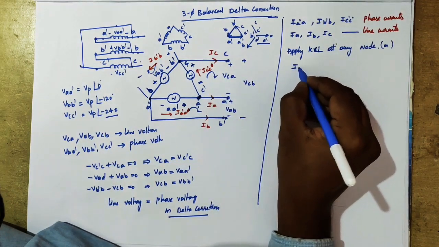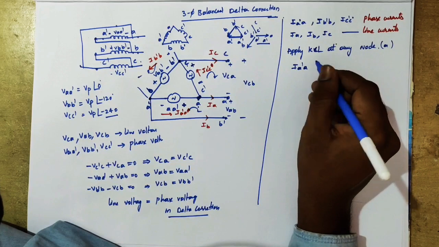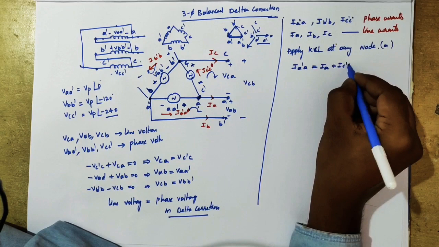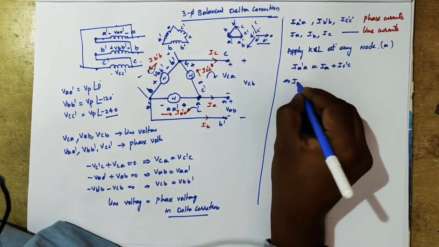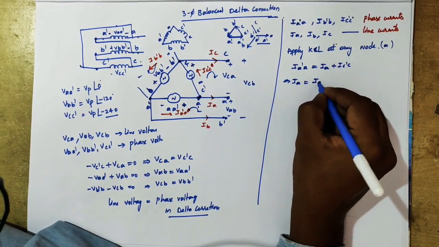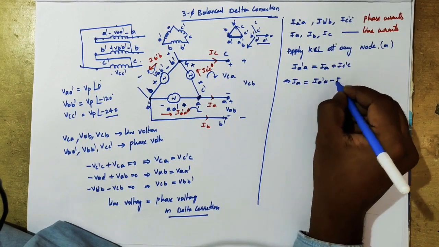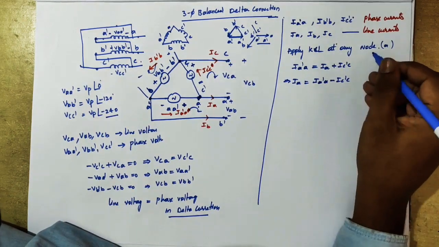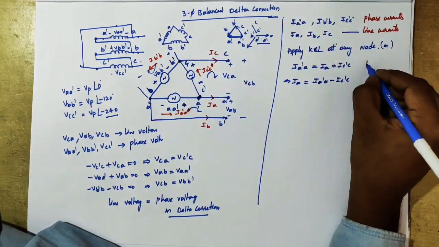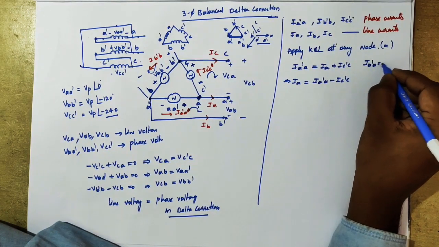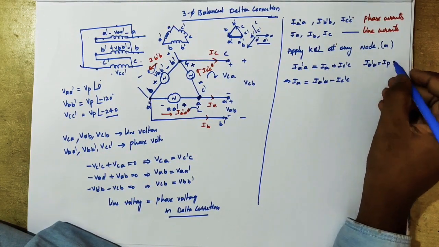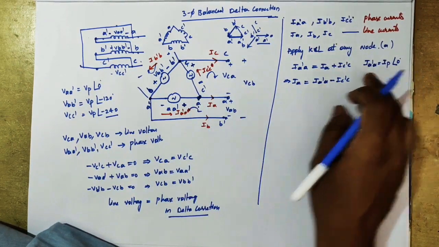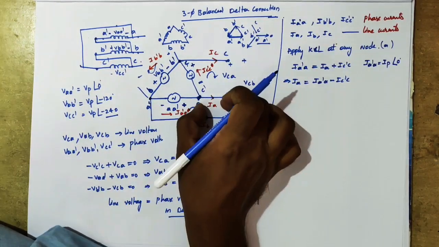So IA'A equals IA plus IC'C. Therefore IA equals IA'A minus IC'C. One thing to observe is that each phase current in delta has the same magnitude, the phase value, with an angle of 0 degrees. I am assuming that the voltage developed and the current are in phase.